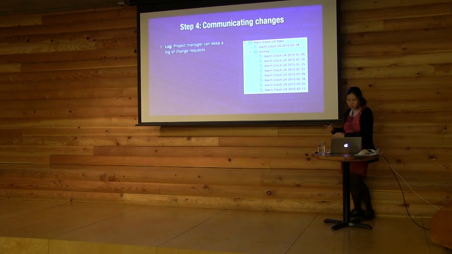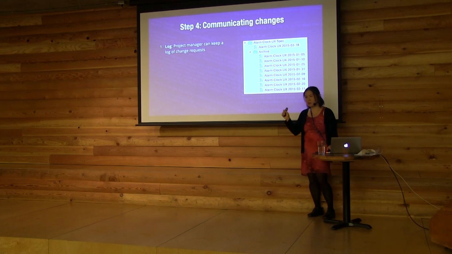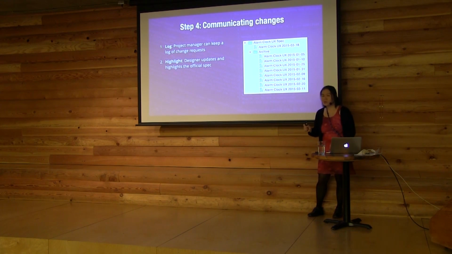So the previous version of the official spec still has its old file name and is still in its old location. Oh no, I'm going to move that to an archive location. And I'm going to transfer the change that I've made into the official spec and highlight it. Let's see if that makes sense.